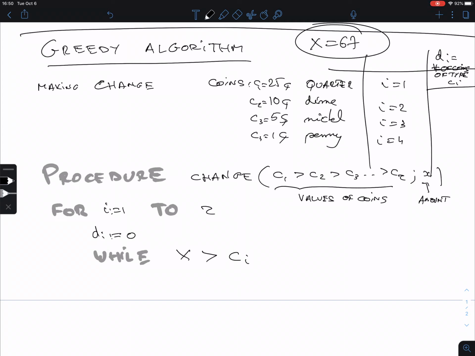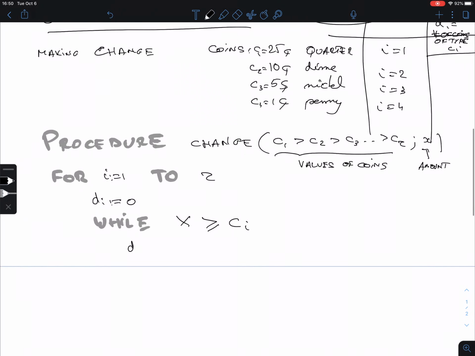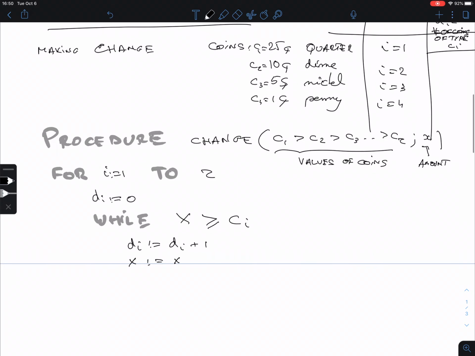Remember, this is the coin ci you pay with. While this is true, perhaps equal to, because if it's equal, then you just pay and you're done, right? I'm going to use that ci coin, so the count goes up by 1, and the amount goes down by the amount that I just paid. ci is the coin.